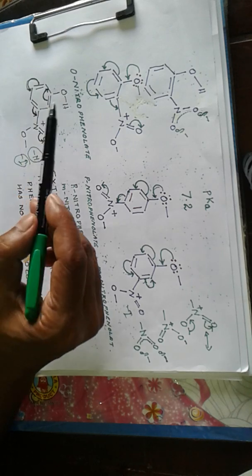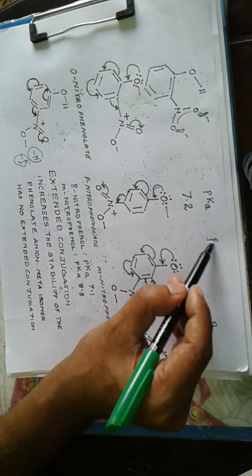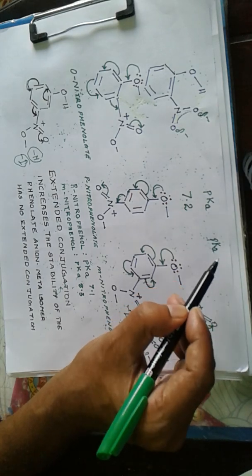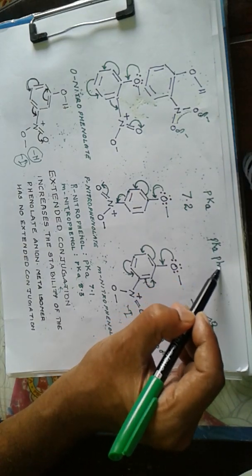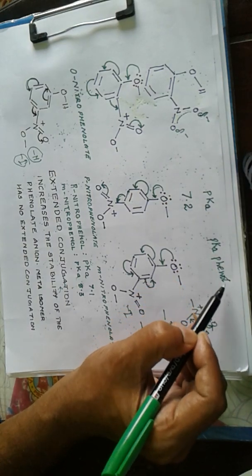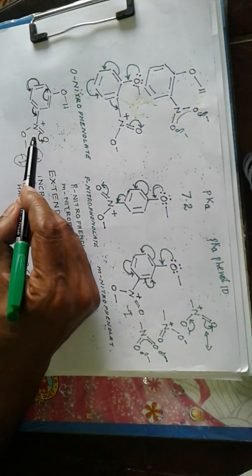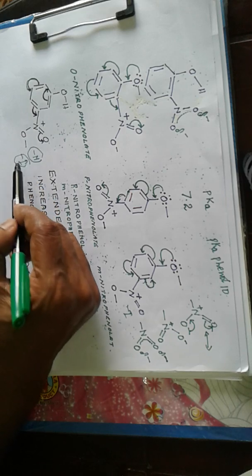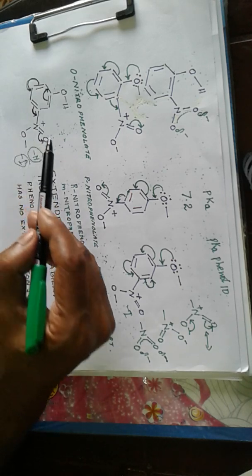So meta-nitrophenol is more acidic than phenol because the pK value of phenol is 10 and 8.3 is lower than 10, meaning meta-nitrophenol is more acidic than free phenol, and that is due to the minus M and minus I effect of the nitro group.